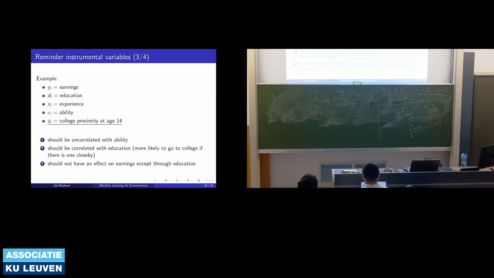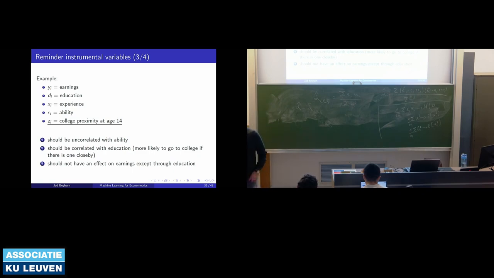What does college proximity at age 14 mean? It means whether, when you were 14, you grew up close to a college or not. And why is this an instrumental variable? What is the idea? Essentially, if you take two people and fix their level of experience, one of them grew up close to a college, and the other did not grow up close to a college.